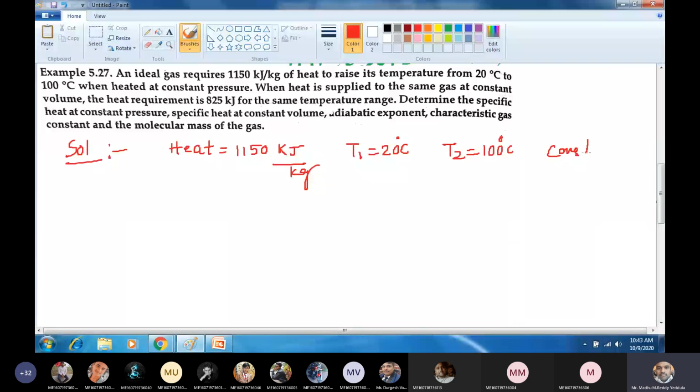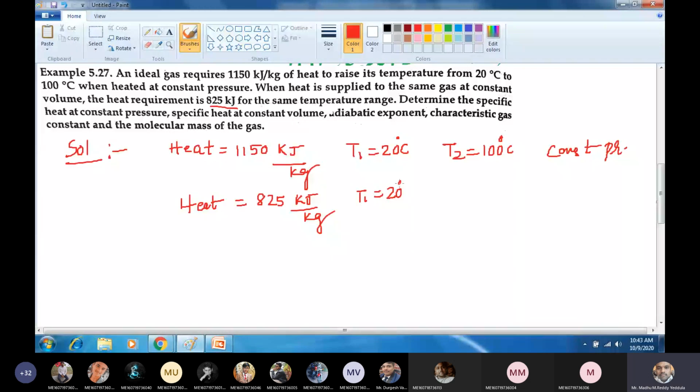Now, when heat is supplied to the same gas at constant volume, the heat required is 825 kilojoules per kg for the same temperature rise.